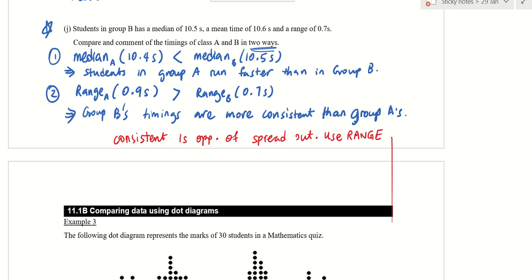Use the range to determine consistency. For everything else, you either use the mean or the mode. If there is an outlier, you use the median. If there's no outlier, either the mean or mode or the median will be okay.